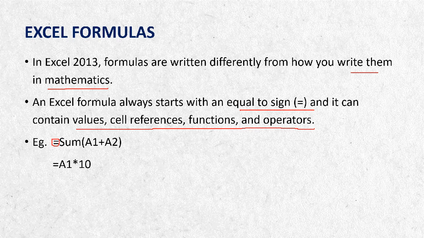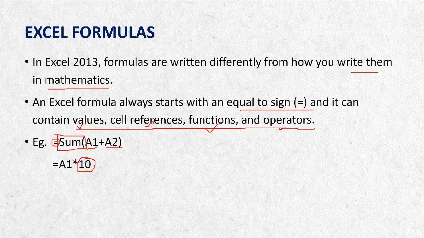Then it contains values. Here, this 10 is a value. An Excel formula can contain values and cell references. Cell A1 and cell A2 are cell references. And functions: what is the function used here? Sum. Similarly, you can use average, difference. These functions you can use here.